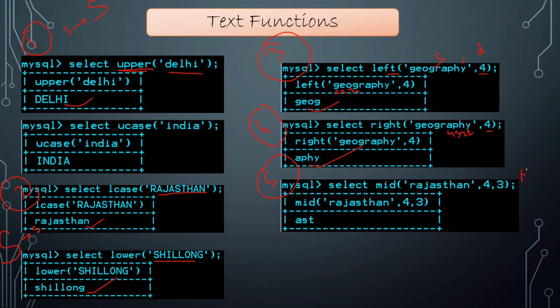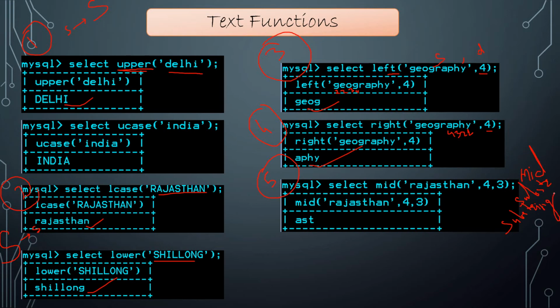One is mid, the other one is SUBSTR, and the last one is the complete word, substring. You can write any of them to fetch the middle string.